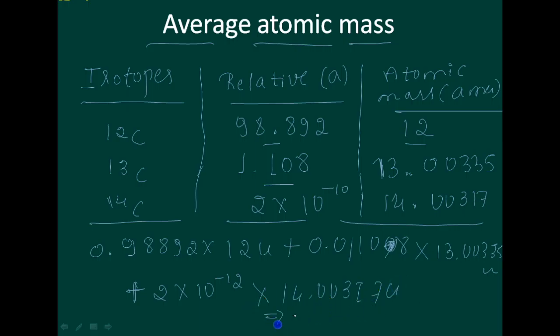The final answer is 12.011 u. Similarly, average atomic masses for the other elements can be calculated.